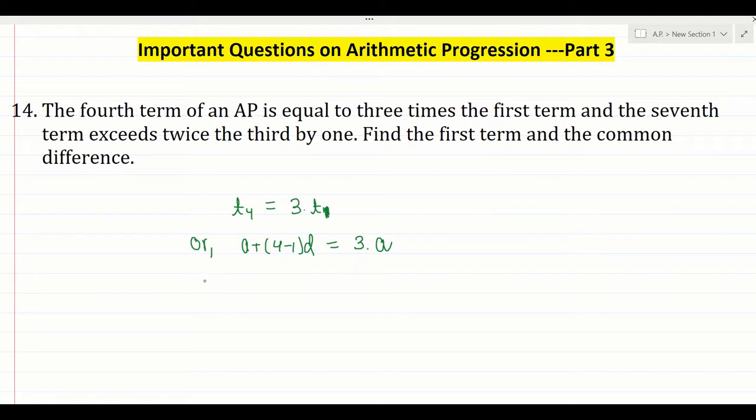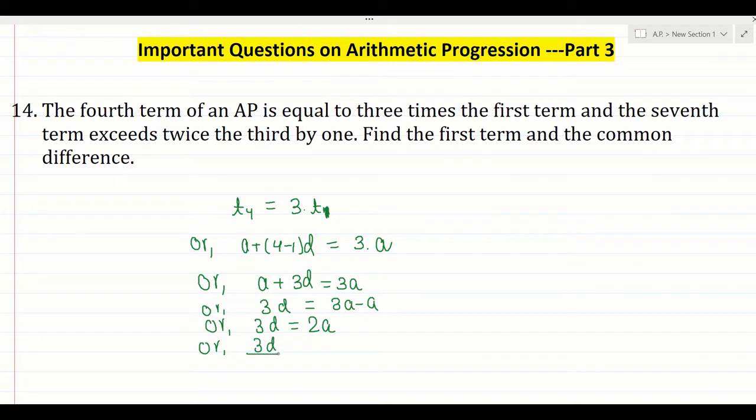Or we can write this as A plus 3D equal to 3A. Let's simplify this one. We can write this as 3D is equal to 3A minus A, or 3D is equal to 2A, or 3D by 2 is equal to A. This is our equation 1.